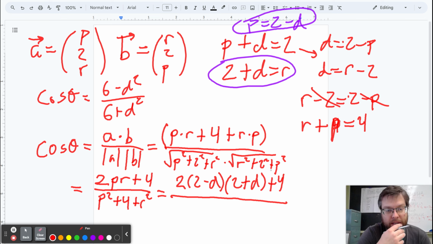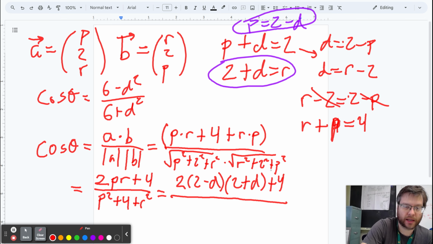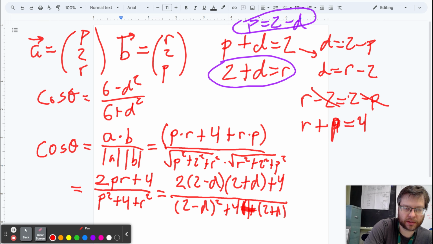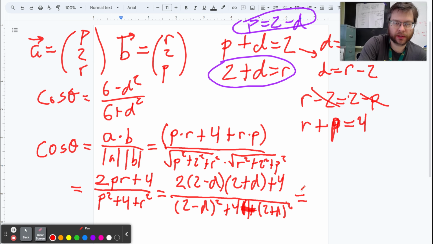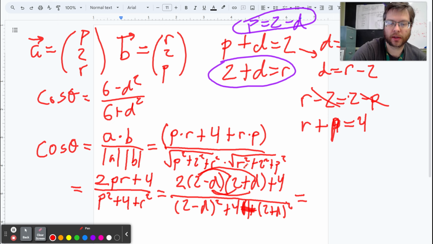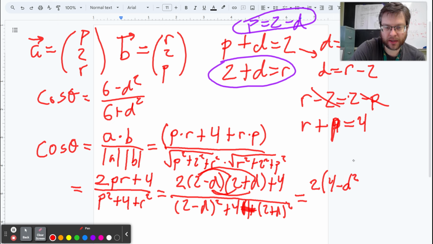Somehow I hope that becomes 6 minus D squared. And then on the bottom, I have P squared, so 2 minus D squared plus 4. Oops, I threw an extra parenthesis there. Plus R squared, 2 plus D squared. Okay. So on the top, if I do 2 and 2 minus D times 2 plus D, that's going to simplify to 2 times 4 minus D squared, because there's a plus 2D and a minus 2D that cancel out, plus 4.